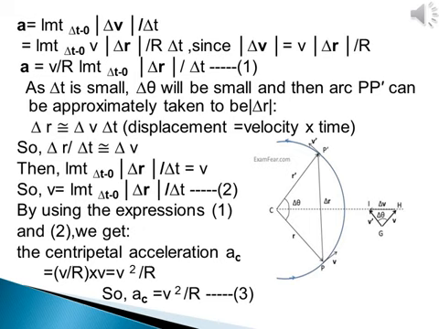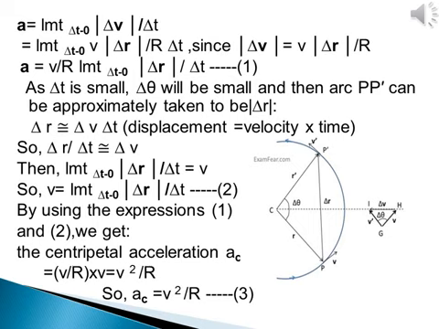If Δt is small, Δθ is also small, and then the arc PP dash can be approximately taken to be |ΔR|. Then ΔR is approximately equal to vΔt, since displacement is equal to the product of velocity and time.